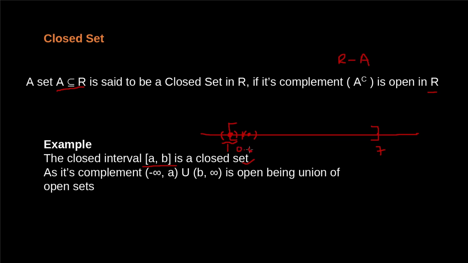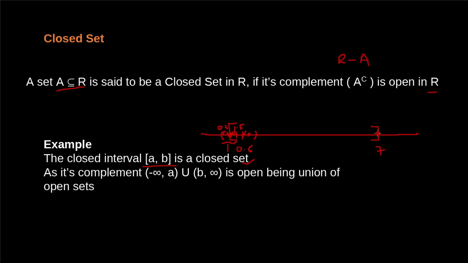So this will be 1 plus 0.5, which is 1.5, and 1 minus 0.5, which is 0.5. So this open ball ranges from 0.5 to 1.5, and this whole open ball does not entirely lie inside this closed interval [1, 7], because half of the portion is already outside. The same goes for the boundary point 7 as well.